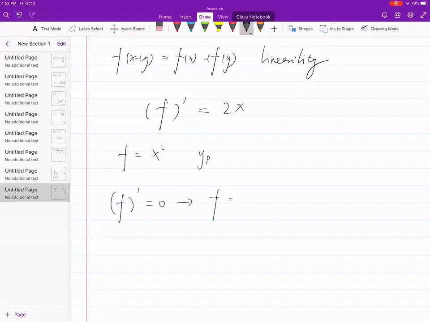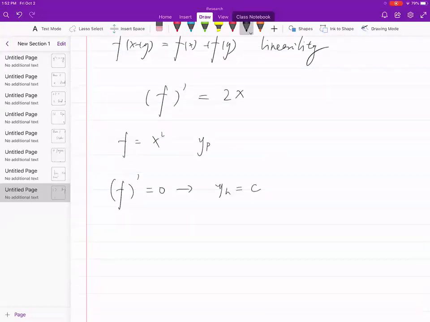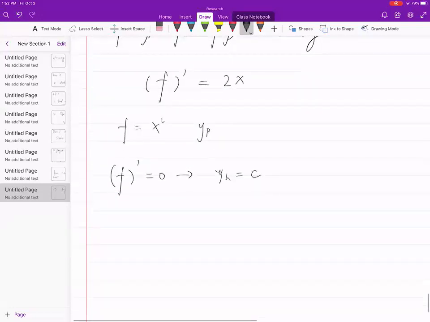I found f equals a constant. That's my homogeneous solution, YH, sorry. Good so far. What's my general solution? That's going to be the special one I just found, plus all the ones which satisfy this homogeneous case. That will be all the possible solutions.